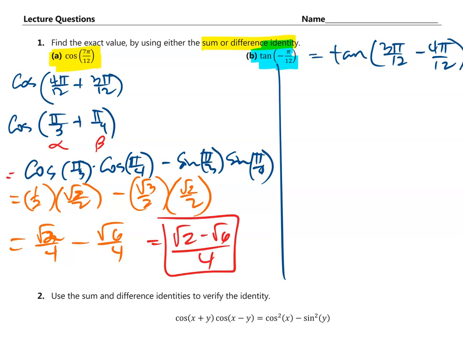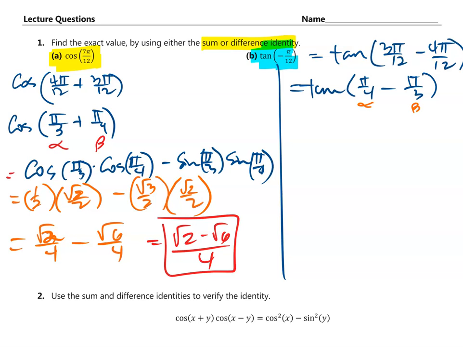So 3 over 12 is pi over 4, and 4 pi over 12 is pi over 3. Yes. And now this is your alpha and this is your beta.